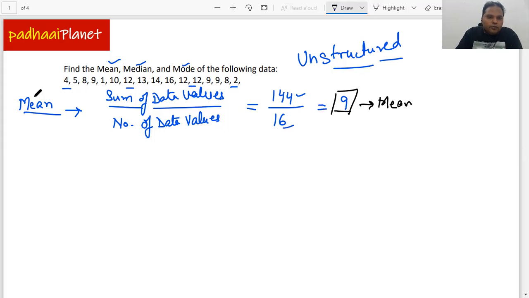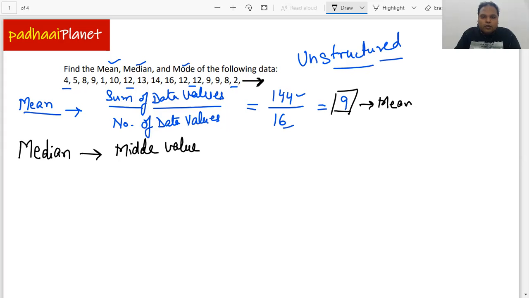Now, this is similar to what we had done in the previous video. When we are talking about the median of the data set, as we had already understood in the previous video, the median is the middle value. Earlier, we had the total number of data values as an odd number, so it was very easy to find the exact middle value.